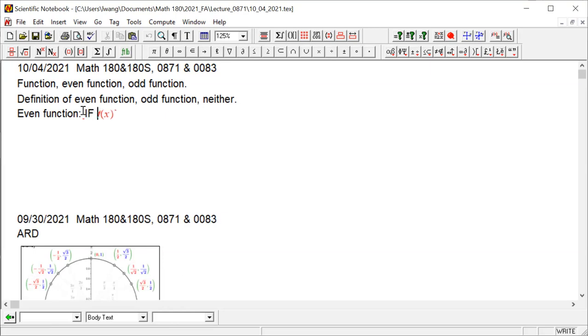So if the function, okay, well, we have f of negative x is equal to f of x, for any x in the domain of f, then we will say f is an even function.